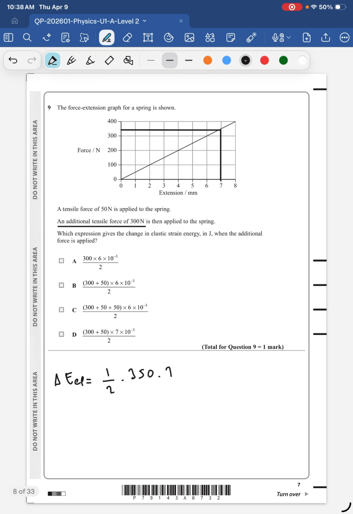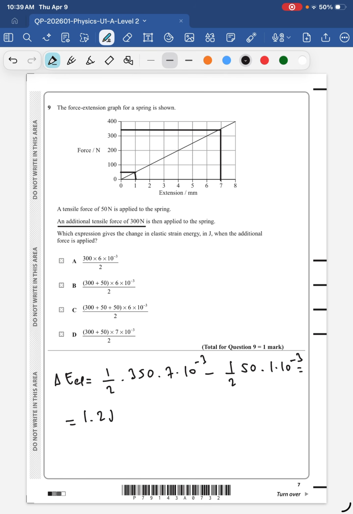So the extension is 7 pretty much, so 7 times 10 to the negative 3. And then we have to subtract the initial energy, which is 1/2 times 50, for 50 newtons, the extension is this one. So that's the 50 newtons and the extension is 1. So I'm using the graph for this case. 1 times 10 to the negative 3. And if you carry out this calculation, you will find 1.2 joules.